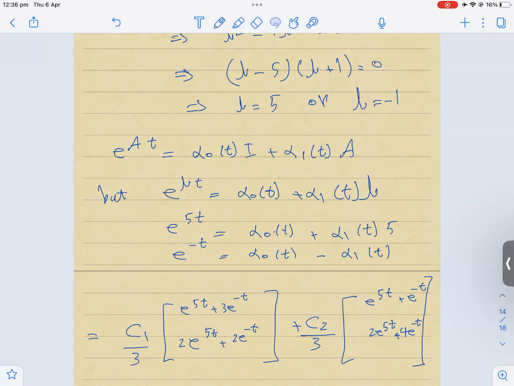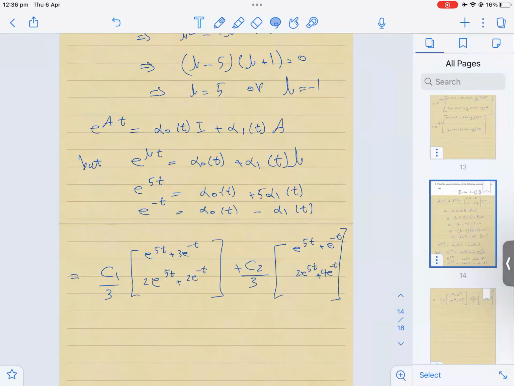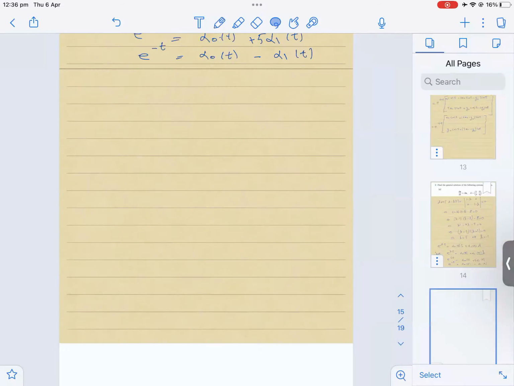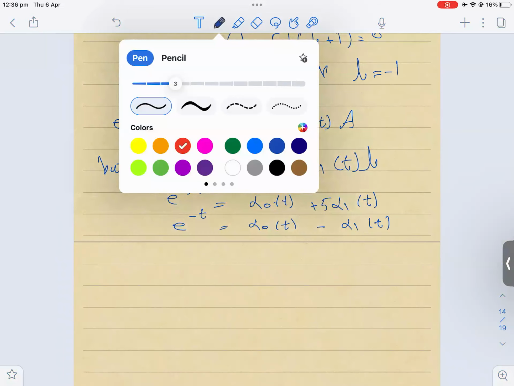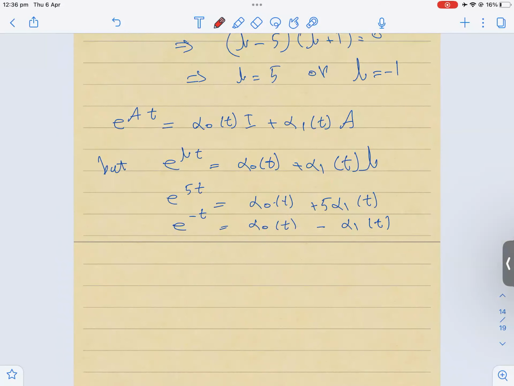So can I move this here? All right, so this one here I multiplied by 5. So this will be 5 e to the 5t equals 5 alpha 0 t plus 5 alpha 1 t. This will be 5 e to the minus t alpha 0.